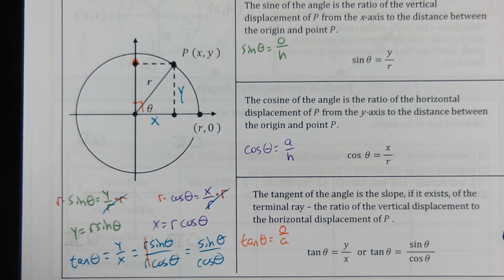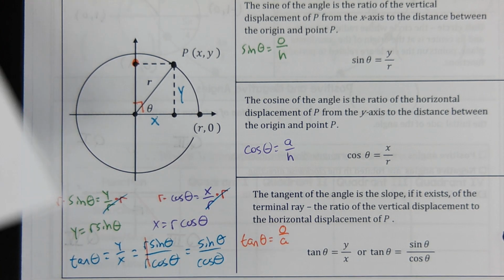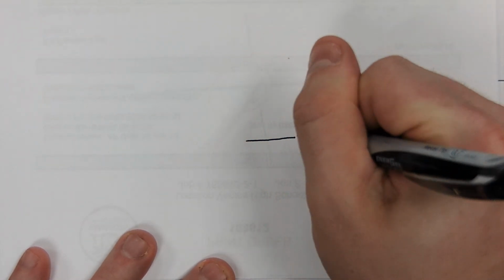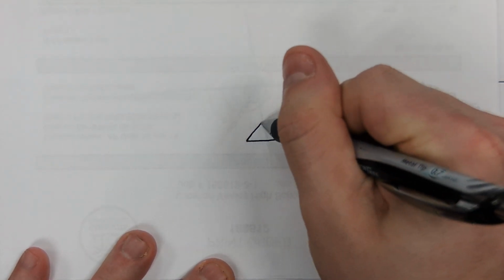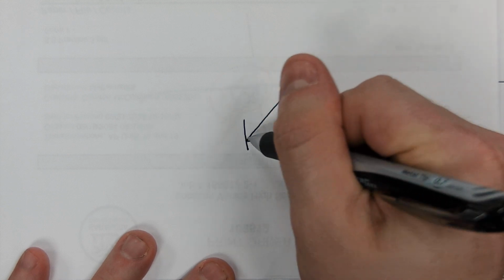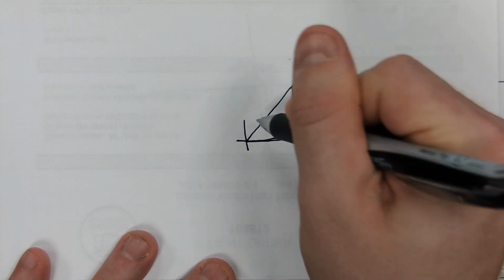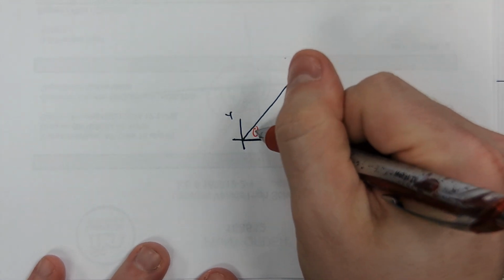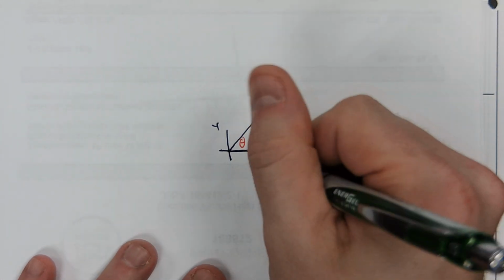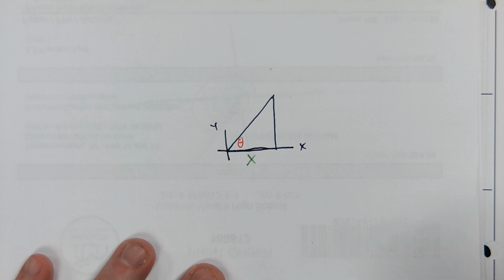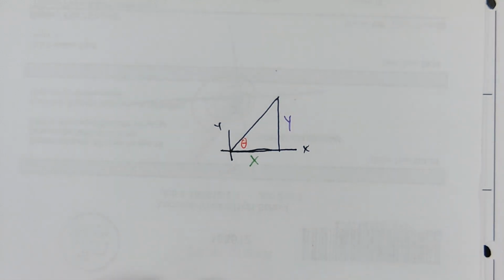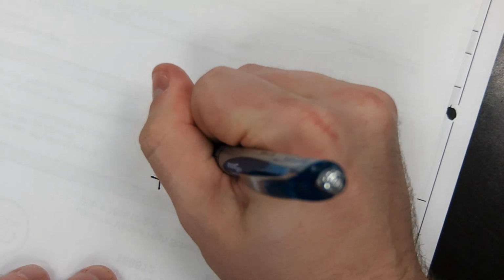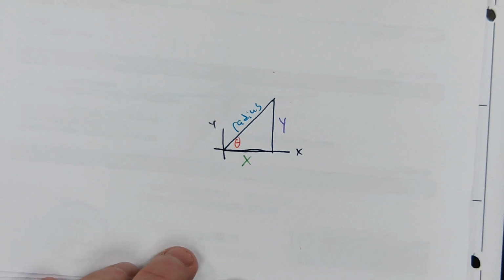I've started using the terminology memory breadcrumbs in my Algebra 2 Honors class. Here's your memory breadcrumb on which one is which. In quadrant 1, in fact, I'll draw it as such. That way you can see I'm in quadrant 1. You've got a theta here. You've got an x here. You've got a y here. This is a radius for r.